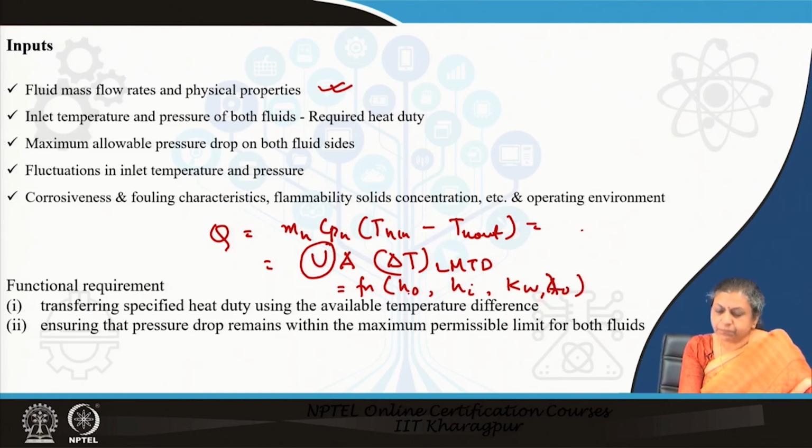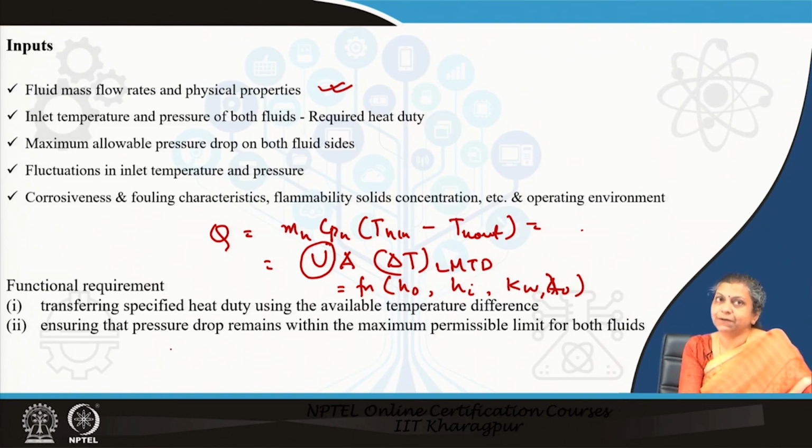Some particular correlations were also shown to you in order to estimate HO, HI in terms of the basic physical properties. So, in order to find out U, you need to estimate HO, HI. For estimating HO, HI, you need to know those physical properties.